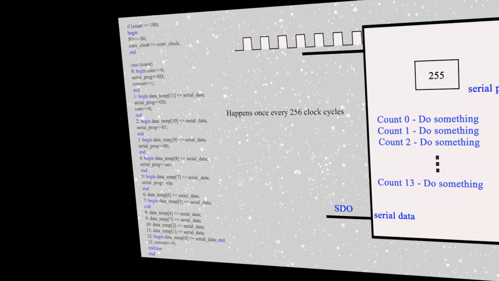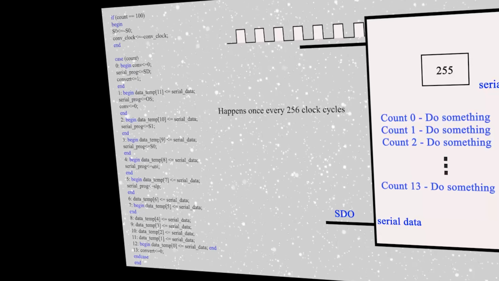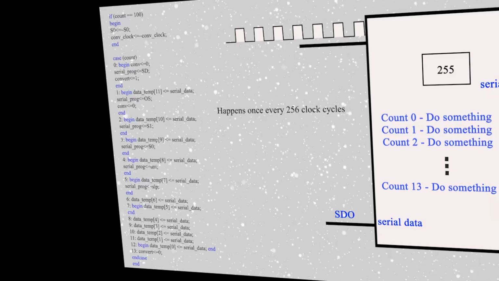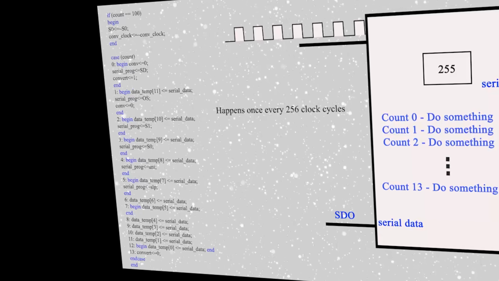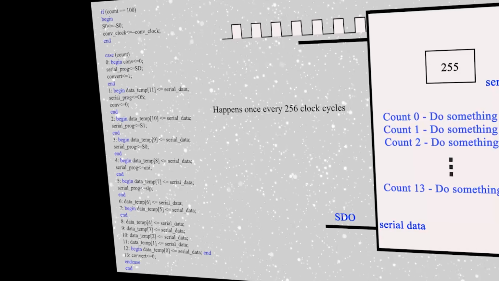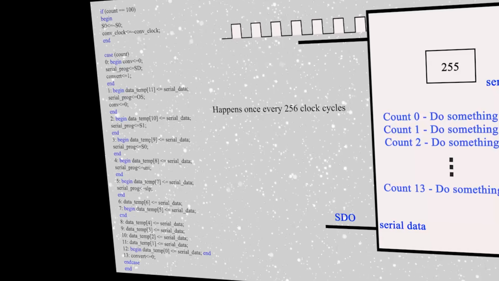Now the rest of the code is changing the convert variable that we discussed previously, and it's also picking off these bits one by one as they emerge from the A to D converter. Remember, you get 12 bits per cycle, but these bits come at you one by one, so we have to pick them off at the right time.